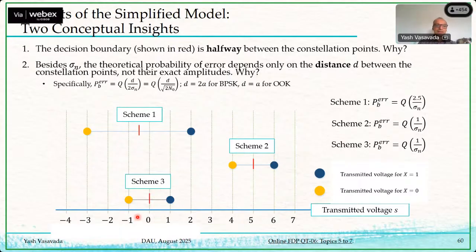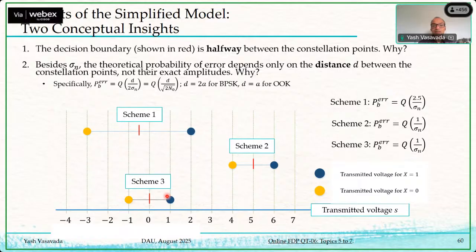But what is the average symbol power for scheme 3? Remember the way we have defined energy or power of a symbol is the squared distance from the origin. So these two symbols both are at the energy of +1. Because they happen equiprobably, the average energy becomes +1.